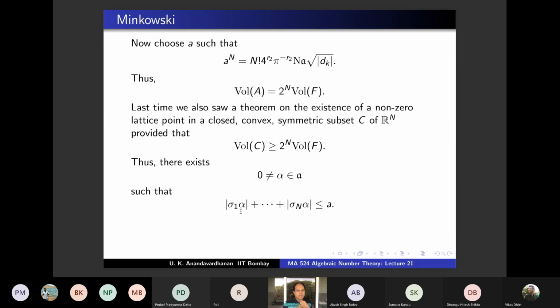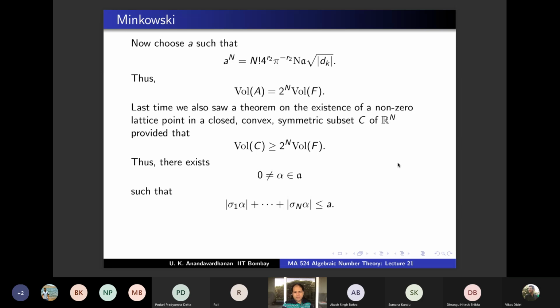These are the embeddings. These sigma i's are the embeddings of K into the complex numbers C, and some of them, R1 many, are real embeddings, and 2 R2 many are remaining, and we are writing both of that, modulus is same, so that will give NV equal to 2.